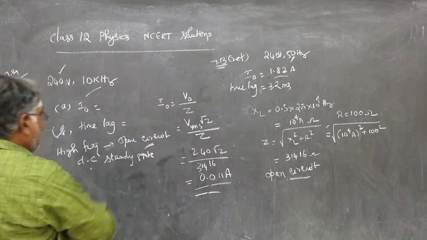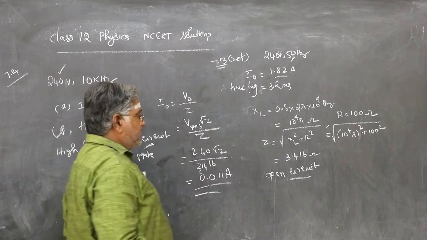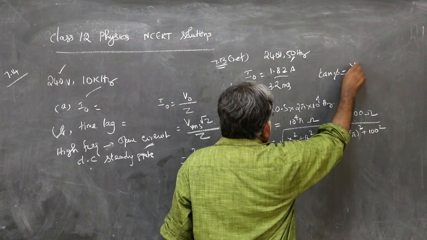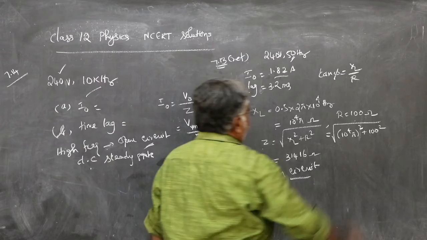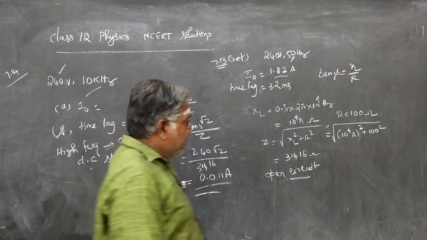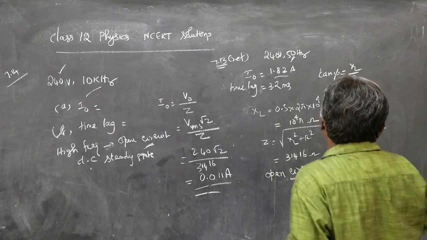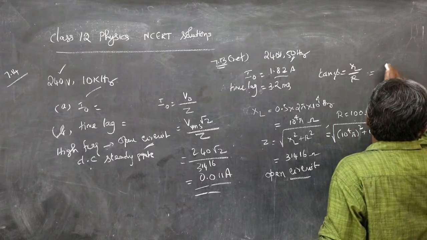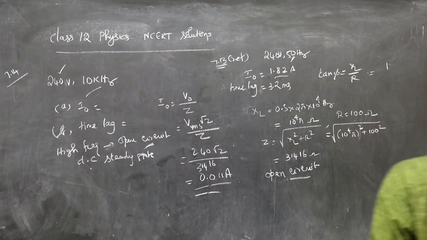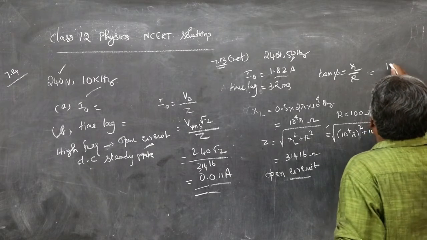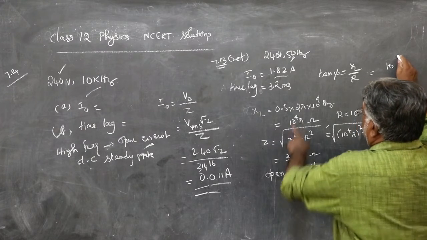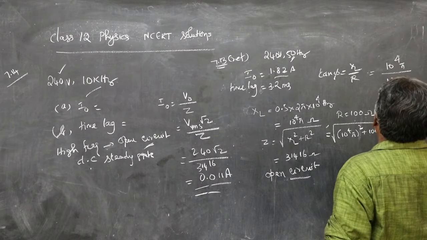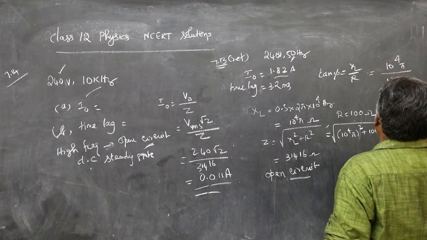Then what about the time lag? For that you would require the phase difference. Let's say tan phi is XL by R. You know this as a formula in the alternating current chapter. XL here, we already proved, is 10 to the power of 4 pi, or 100, 10 square pi.